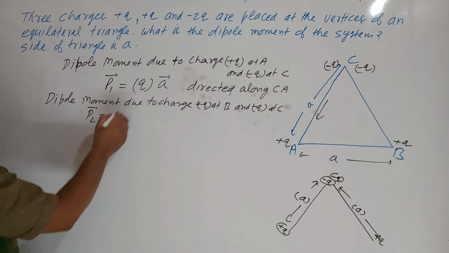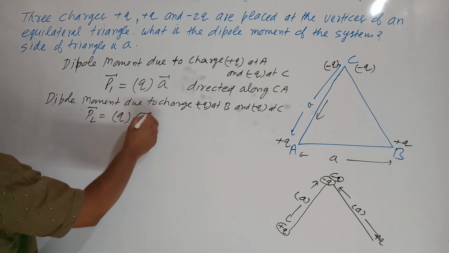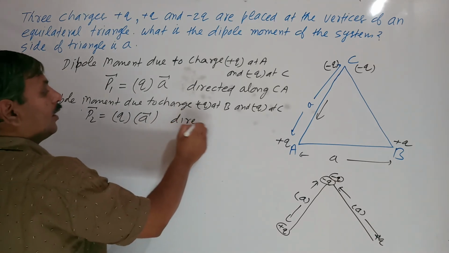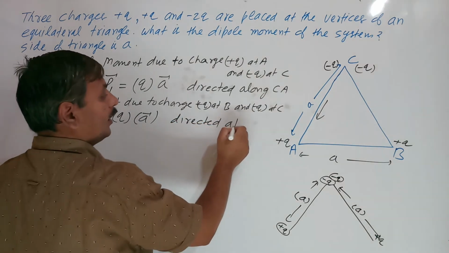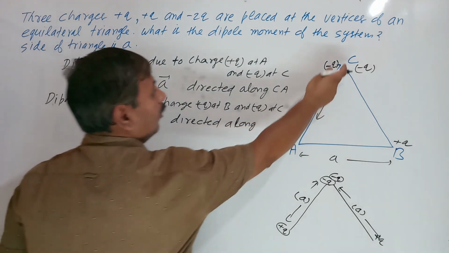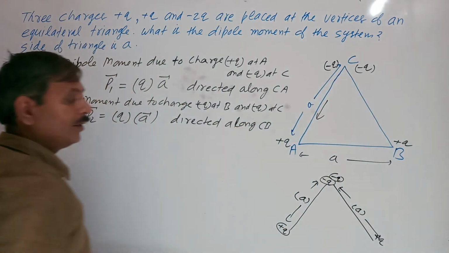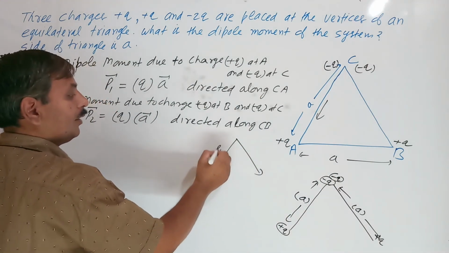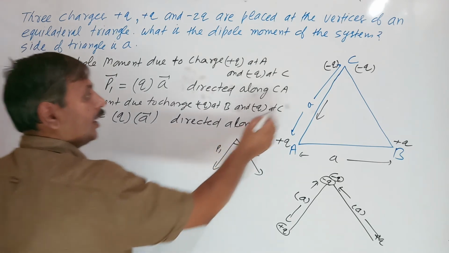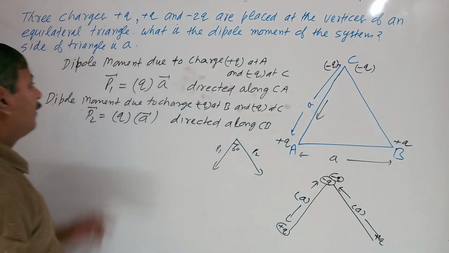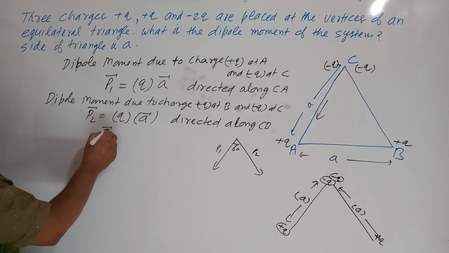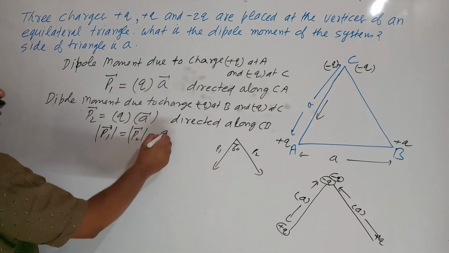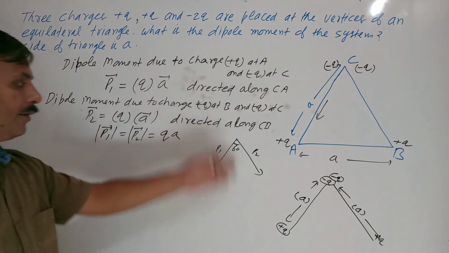Q into A, so its magnitude is also QA, and it is directed along CB. You can see it. Two vectors P1 and P2, the angle between them is 60, and the magnitude of P1 and P2 is QA. So what will be the resultant?